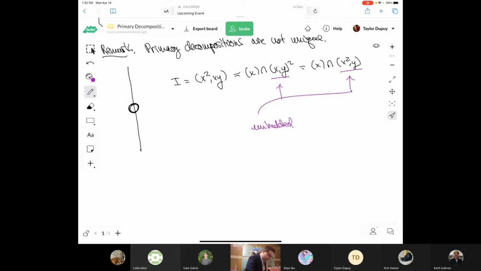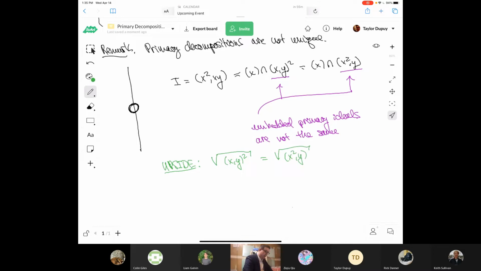Embedded primary ideals are not the same. But the upside is that the radicals are the same. So the radical is equal to the radical.